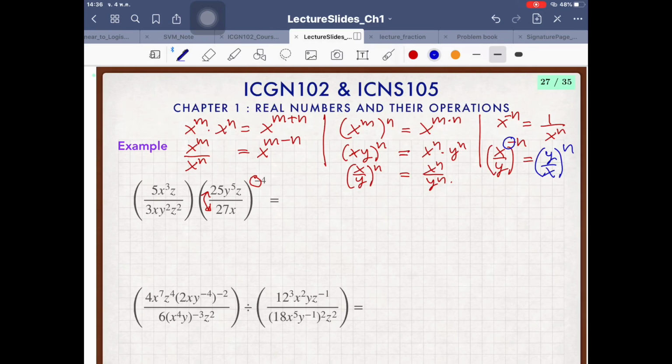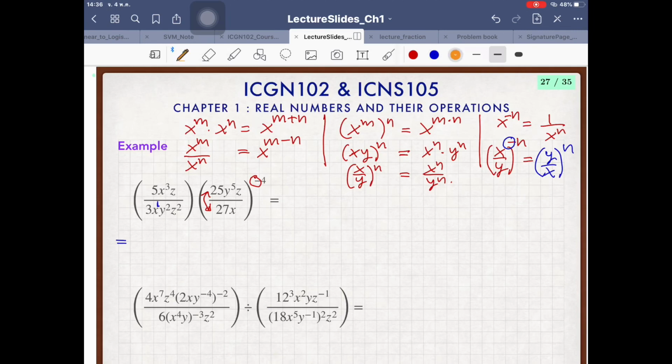So this will give you, let me put it down right here. The first term will be the same, or you can combine the terms together. For the top term, you have x to the power 3, and the term at the bottom, now you have x to the power 1.